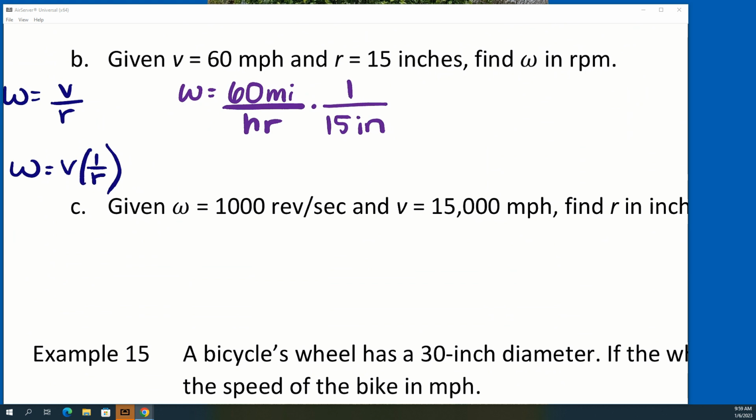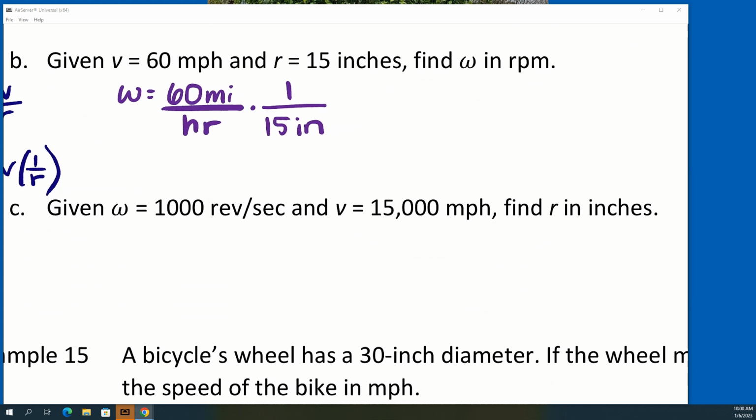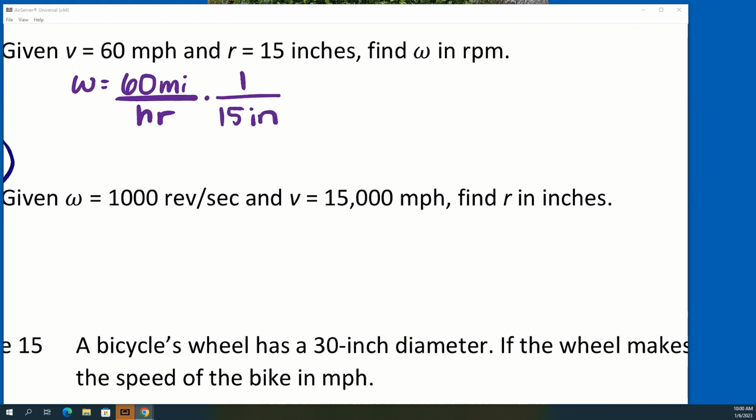All right, now this would be some crazy weird unit of miles per hour inches, which doesn't make sense. So we're going to do a whole lot of changing until we end up with revolutions per minute. I don't like having these two linear units. So I'm going to change miles to inches. I do not know how many miles are in an inch. I don't want to know. So what I'm going to do is just take baby steps, and I'm going to change inches to feet. Where should I put the inches?